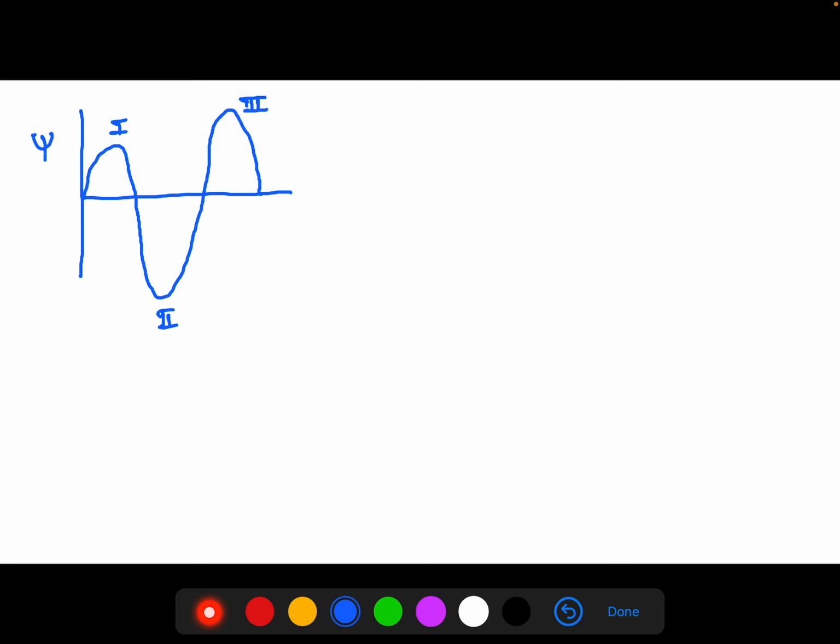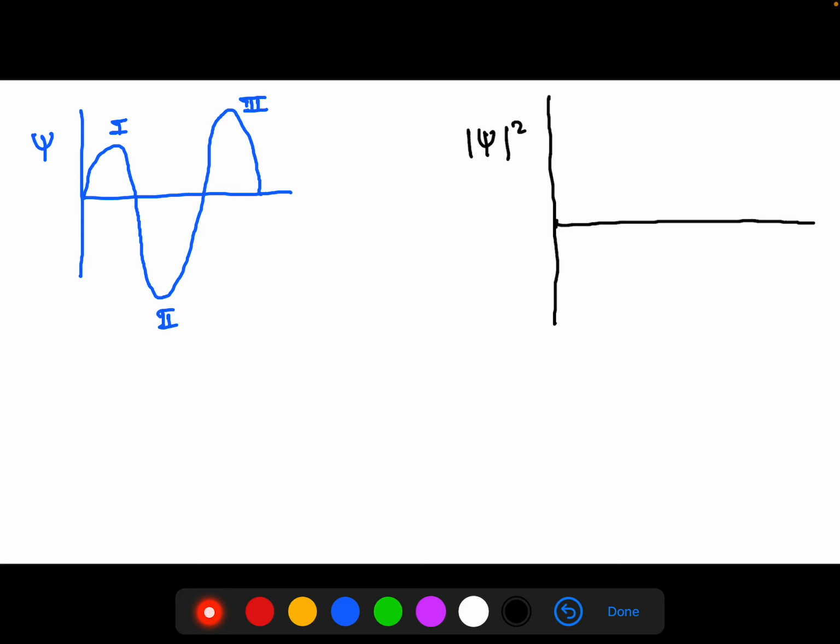This is my psi. Again, remember that the probability we were asked about in the question, if I draw that plot, will be mod of psi square. Because it is a psi square, there will be no value in the negative region.